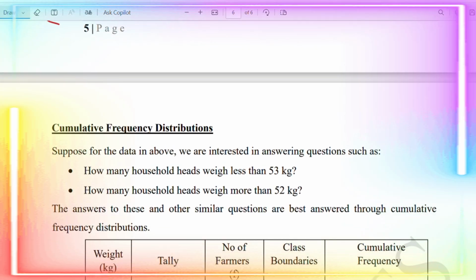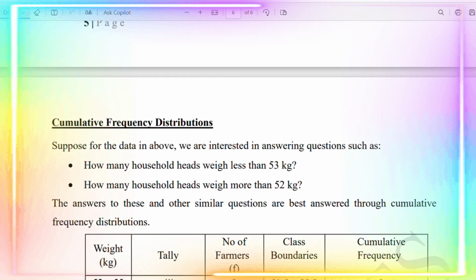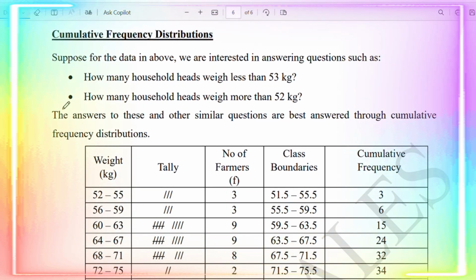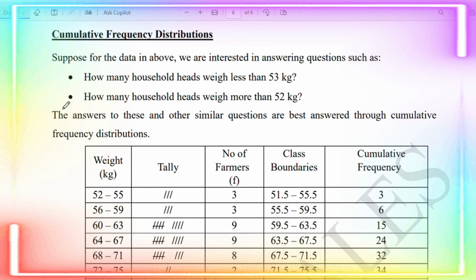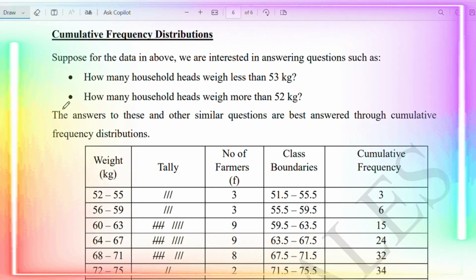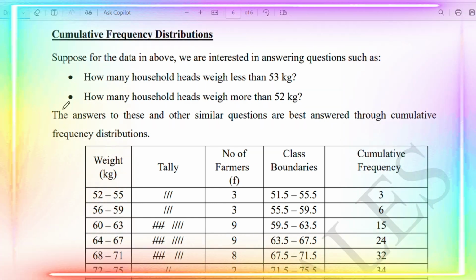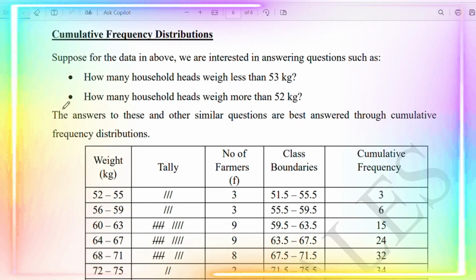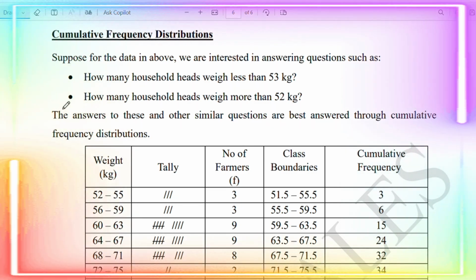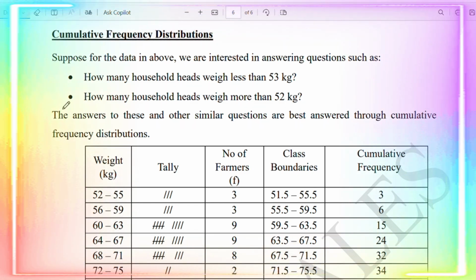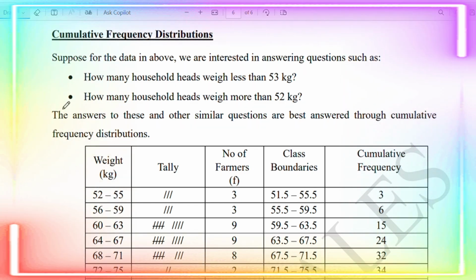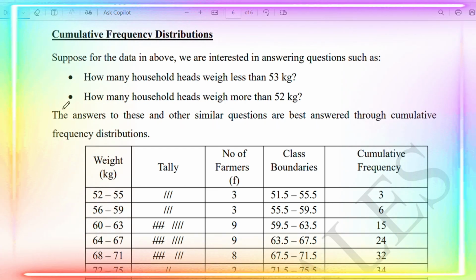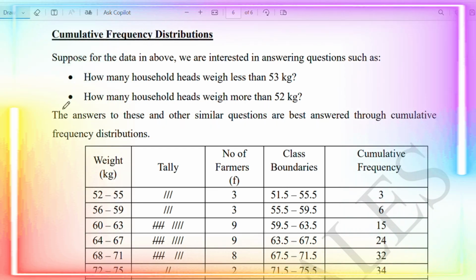So let's quickly move to cumulative frequency distribution. Suppose that the data in the first example, as we've discussed, and we are interested in answering questions such as how many household heads weigh less than 53 kg, and how many household heads weigh more than 52 kg.